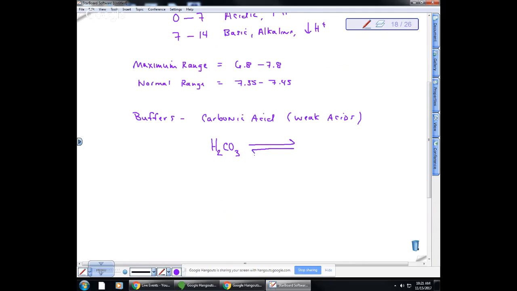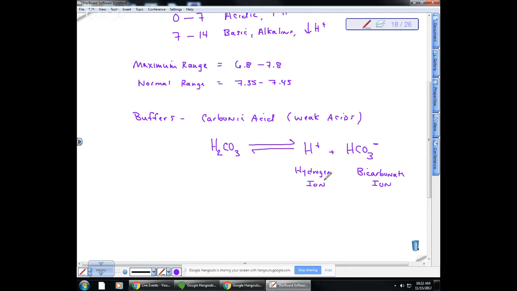So I'm going to draw my arrow going in two directions. We have a hydrogen ion and we have a bicarbonate ion. Okay, so this is carbonic acid. This is my bicarbonate ion. This is my hydrogen ion.